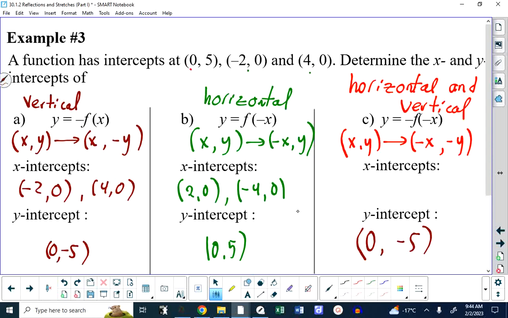If we take these 2 points and swap the x's from positive to negative and negative to positive, they become these numbers. And if I multiply the y-coordinates by -1, they happen to stay the same. Any questions with that example? Could x and y both change? Yes. The point just can't be on an axis.